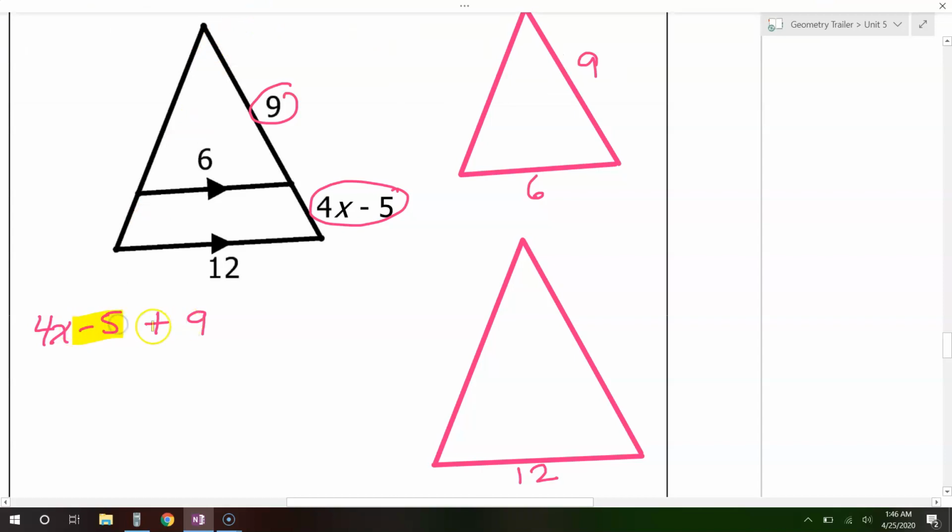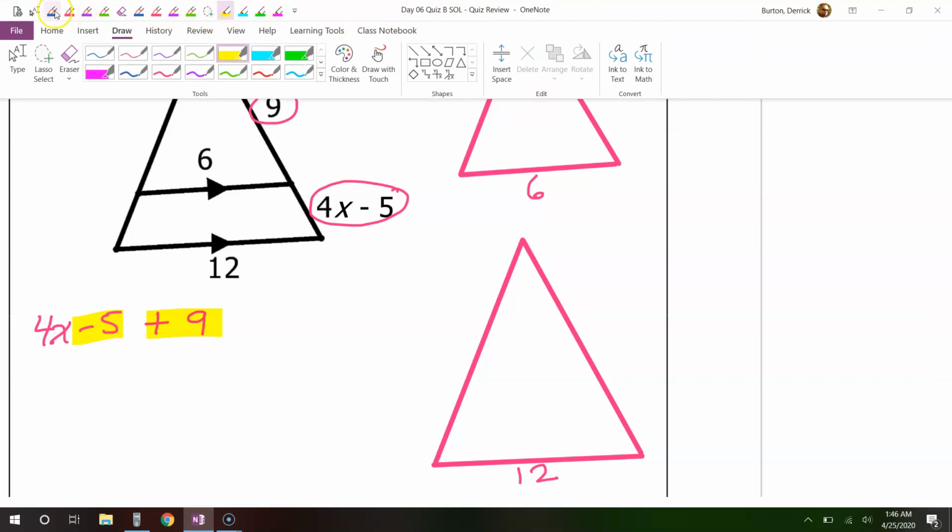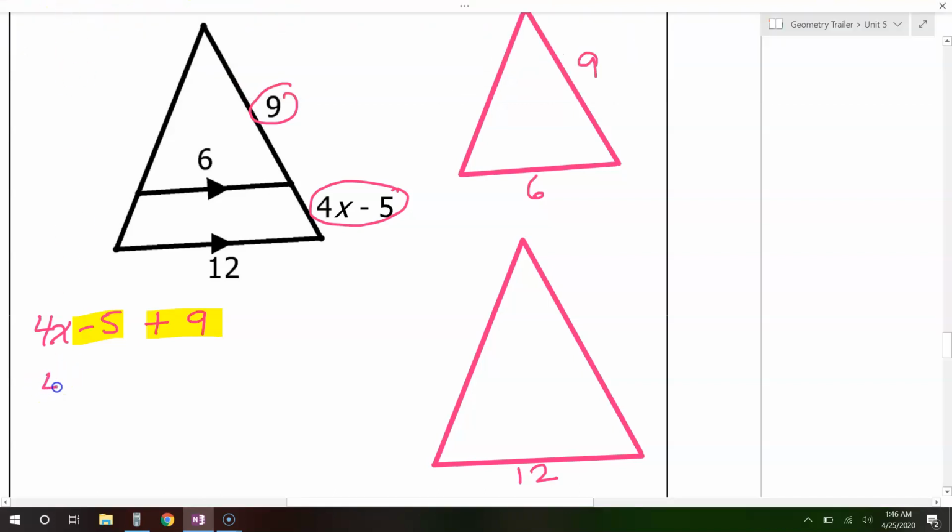All right, the like terms are the negative 5 and the positive 9. So I just keep the 4x part, but negative 5 and positive 9, that's 4. So I get 4x plus 4. So that's why this side right here is going to be the expression 4x plus 4.